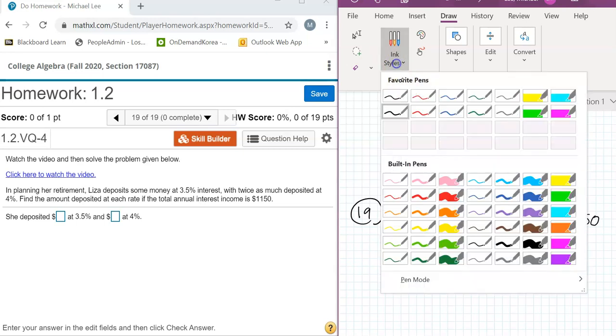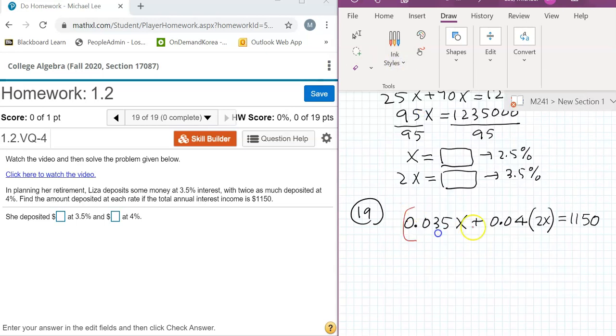You just multiply, like we did, both sides by what? 1,000, isn't it? Why? Because this has 3 decimals. If you multiply by 1,000, you get 35x plus 40 times 2x equal to 1150000.